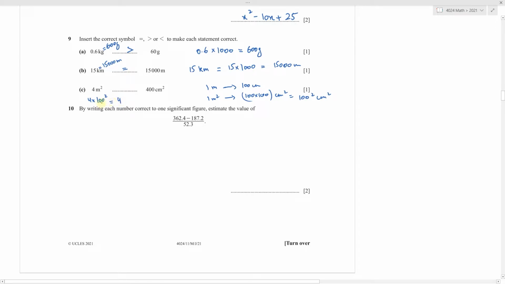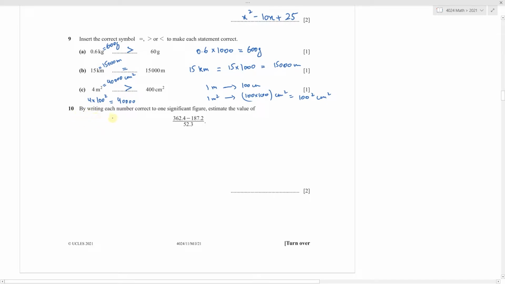So this will be 4 and then 4 zeros. So 4 meter square is actually 40,000 centimeter square. So definitely 40,000 centimeter square is greater than 400 centimeter square. So this is greater than.